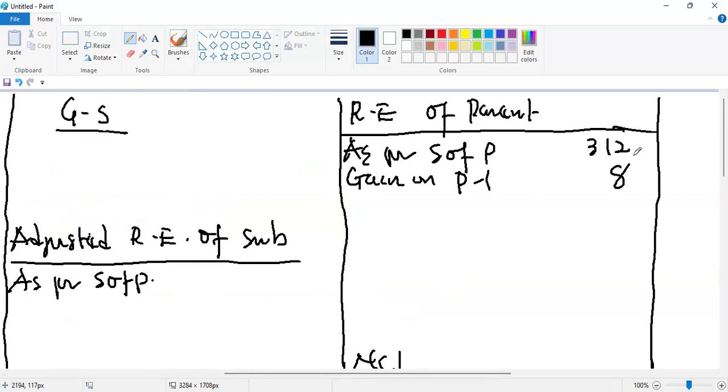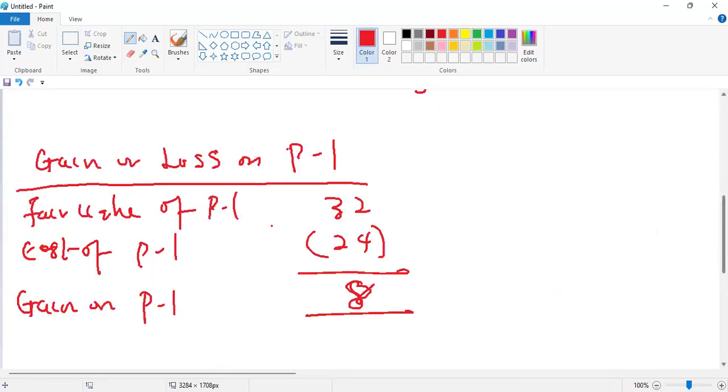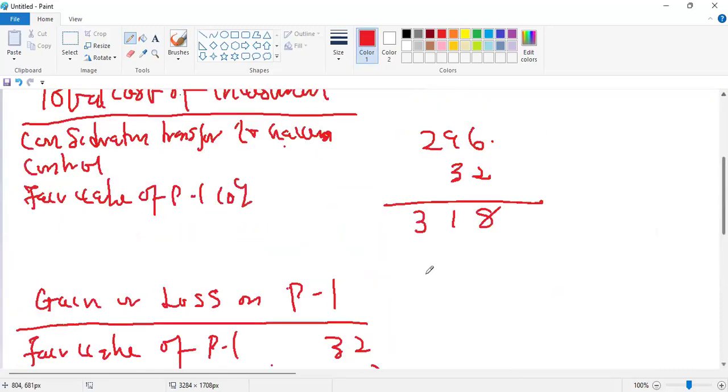Pablo Limited wishes to use the fair value method of accounting for the acquisition of Escobar Limited. On first January, the estimated fair value of non-controlling interest is 76. Oh, fair value of NCI. To calculate goodwill, let's see what the figure is.